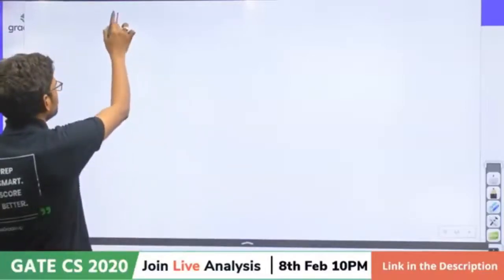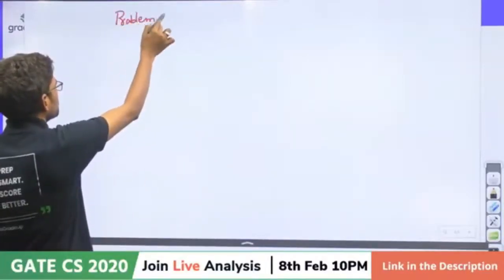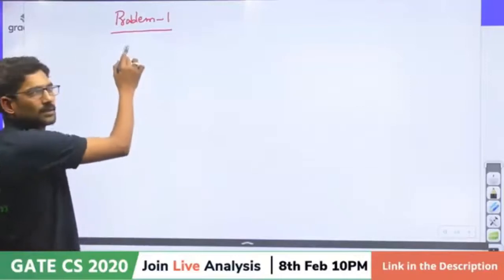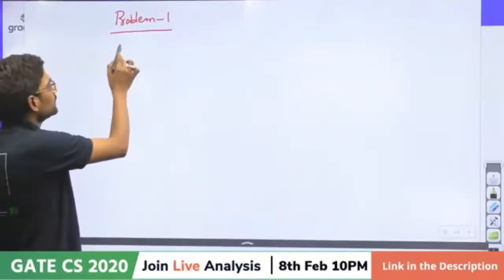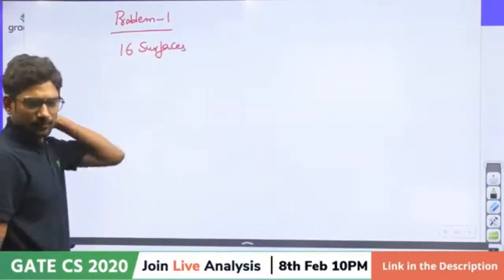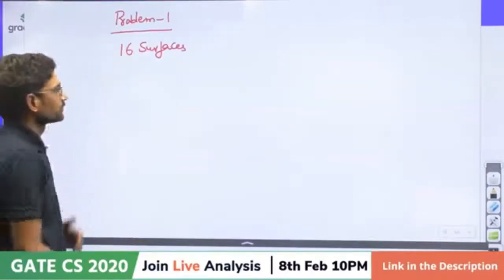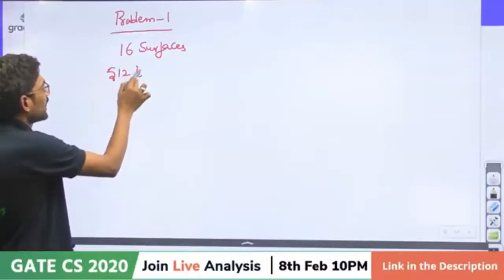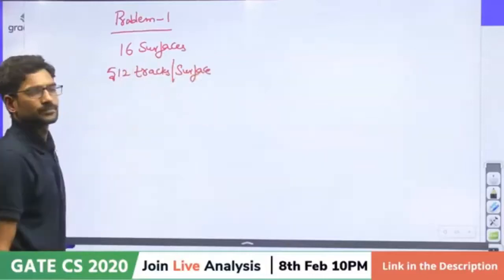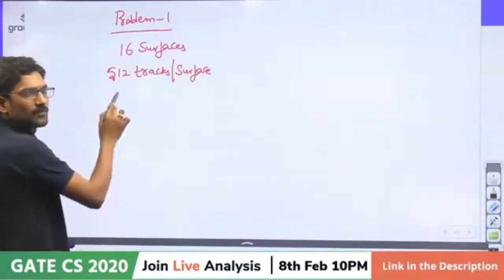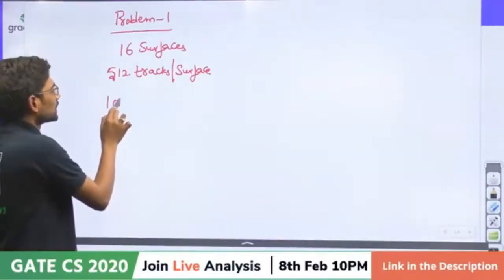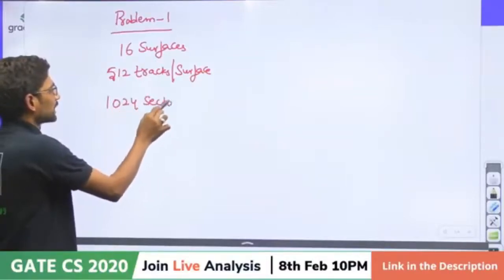The first problem. There are 16 surfaces, 512 tracks per surface, 1024 sectors per track.